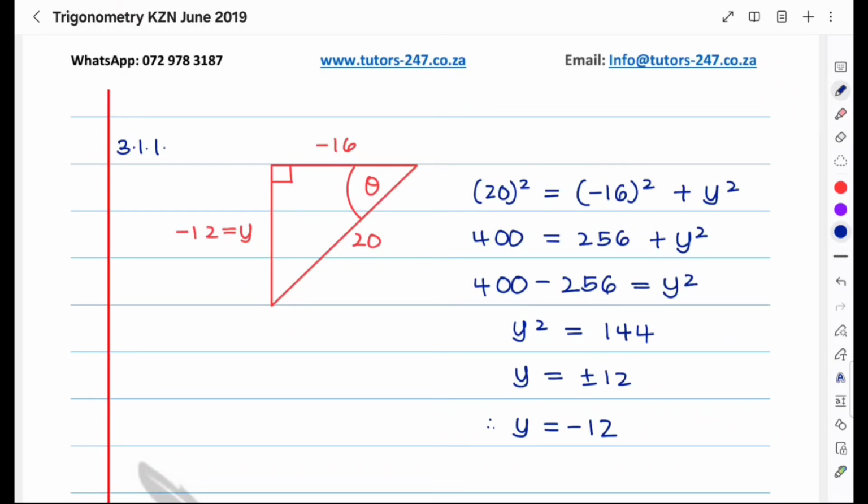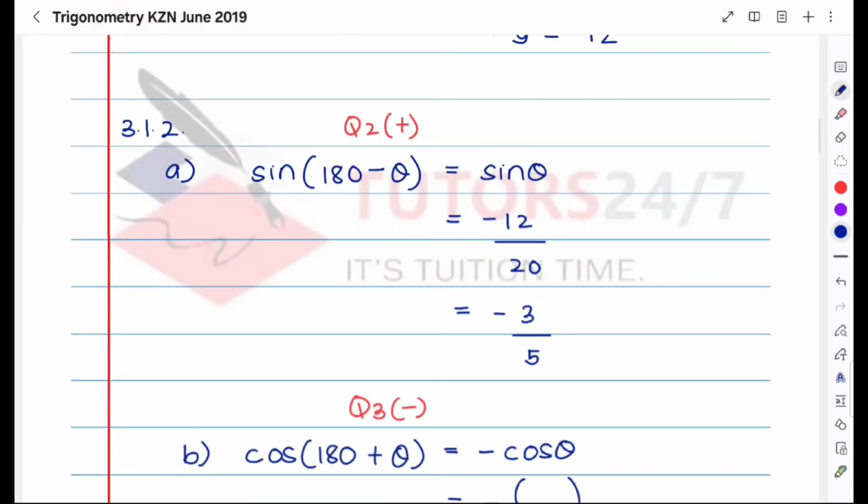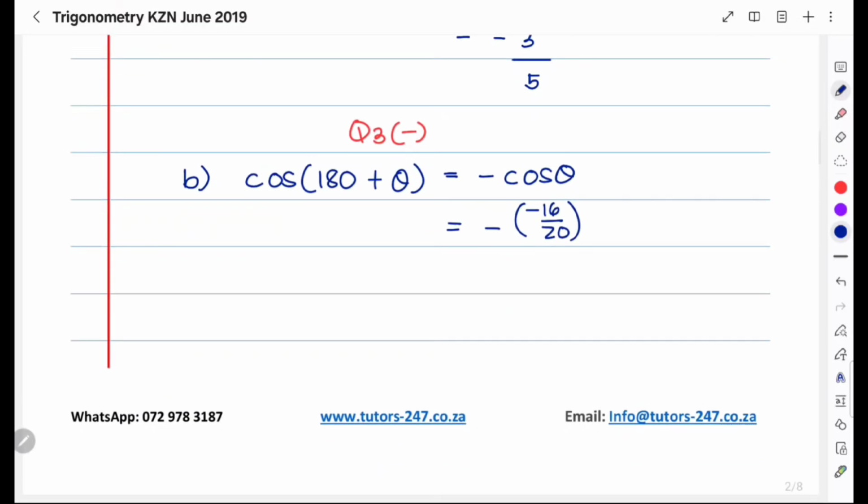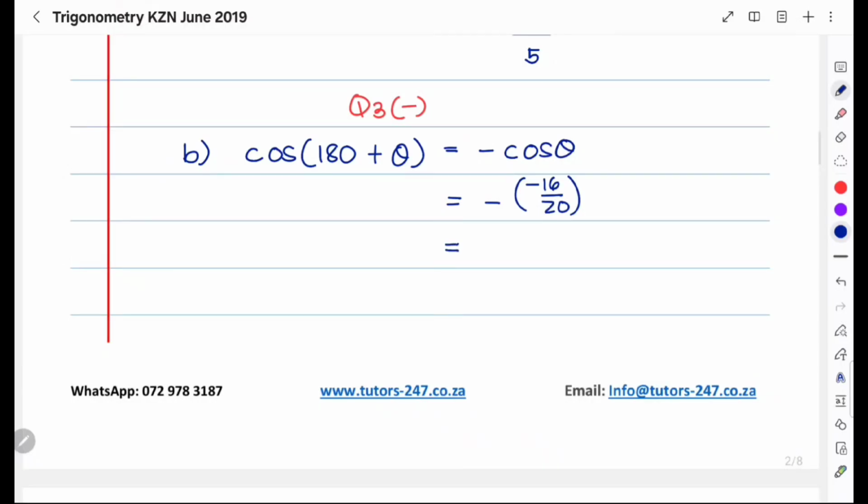We know that cos is equal to the adjacent, which is negative 16, over the hypotenuse, which is 20. So that will be negative into negative 16 over 20. We can put that into our calculator and we end up with 4 over 5.